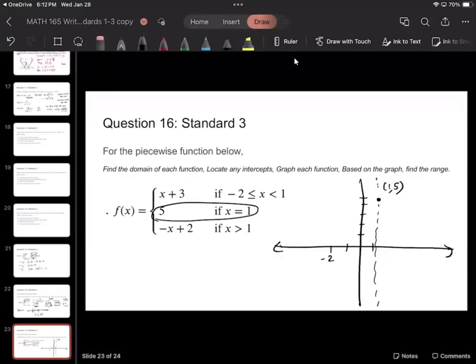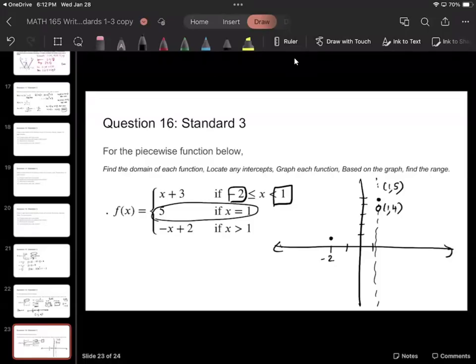Now when x is equal to 1, 1 plus 3 is 4. So (1, 4) is where that line ends. When x is -2, -2 plus 3 is 1. So this is where it starts.